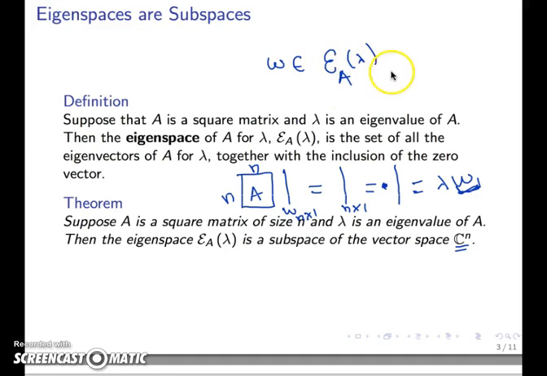So this set, E sub A of lambda, is a set that contains such vector W, and since each W is a vector with n entries, this set would be a subset of Cn. So when you collect all those eigenvectors into a set, that set is indeed a subset of the vector space Cn.